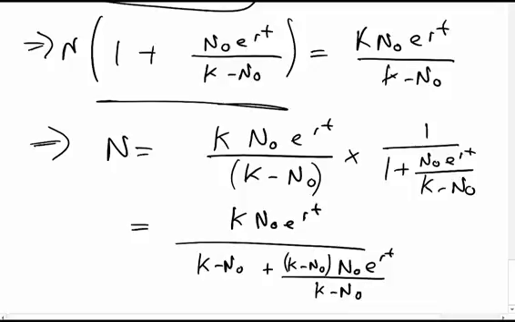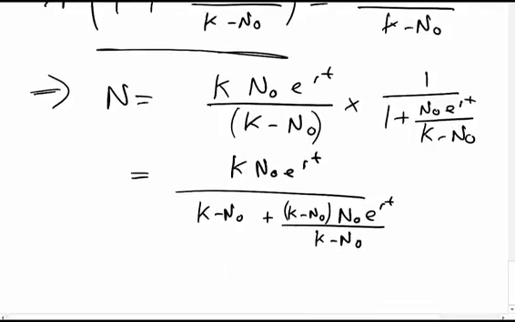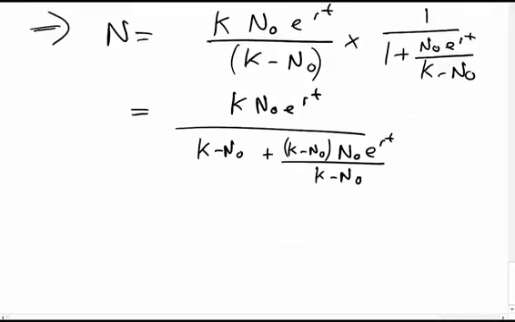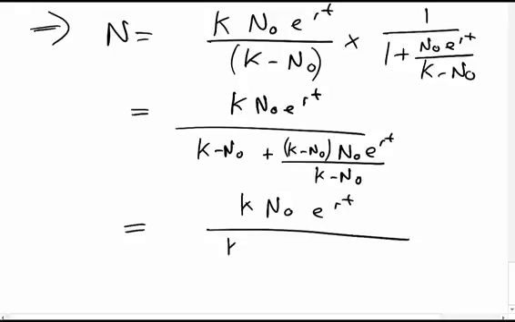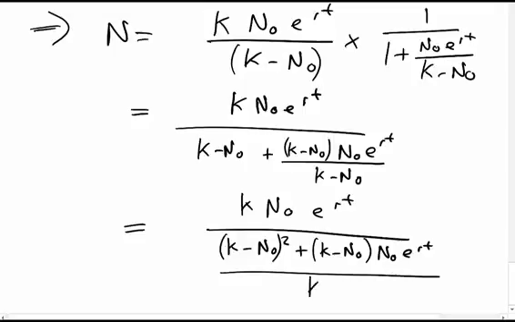I'm just going to make this bottom into one fraction, effectively, just by multiplying this term by k minus n naught over k minus n naught. So I end up with k n naught e to the rt over, this is k minus n naught squared effectively, plus k minus n naught times n naught e to the rt, over k minus n naught.